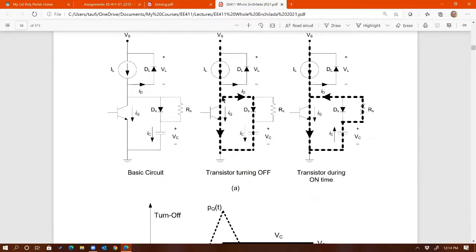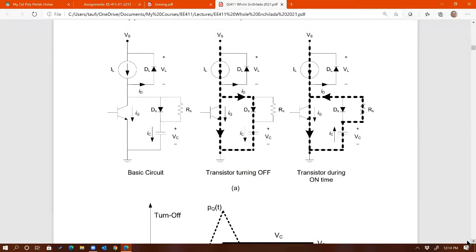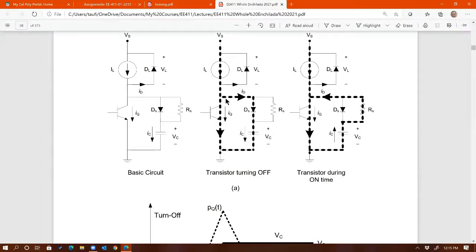As soon as the switch turns off, you can see that current flows through the capacitor, thereby charging it and slowing down the rate of the rise of the voltage across the capacitor, which is practically the same as the voltage across the switch. And that's one way to minimize the switching loss, by slowing down the voltage rise across the switch.